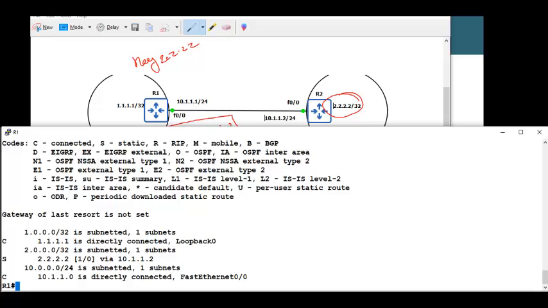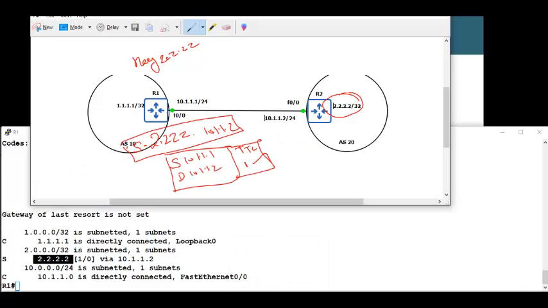No, it says via. It is not directly connected. Because 2.2.2.2 is not directly connected, for that destination the TTL cannot be 1. Only for the directly connected, TTL can be given 1.